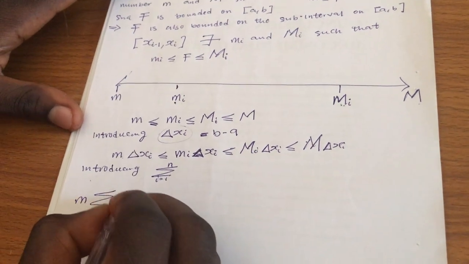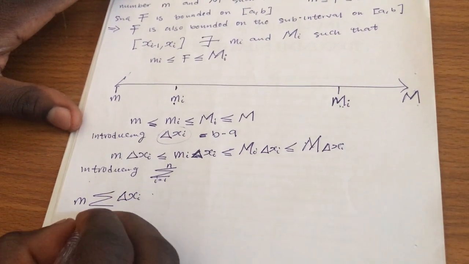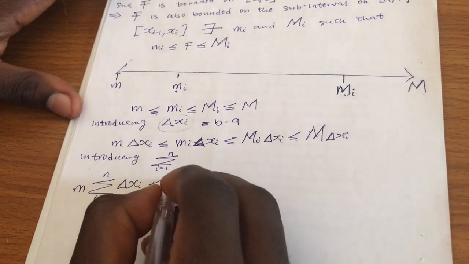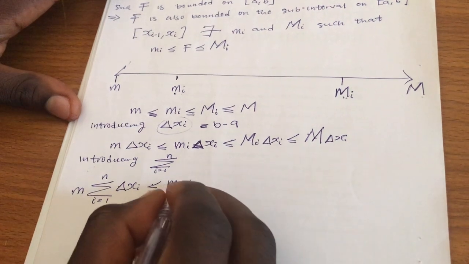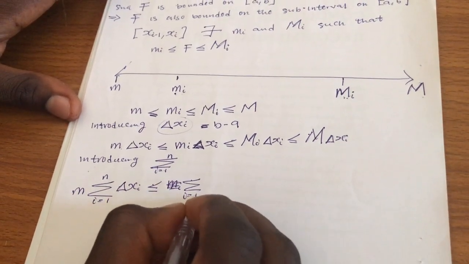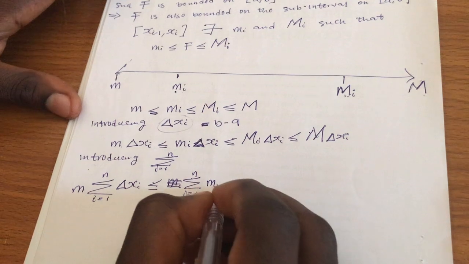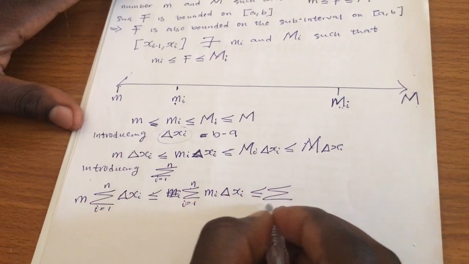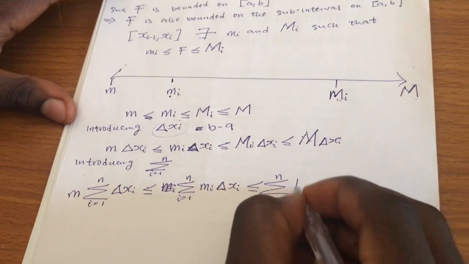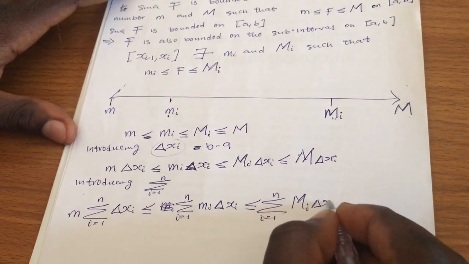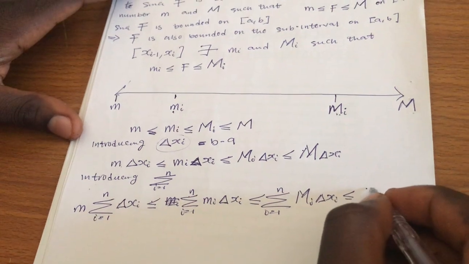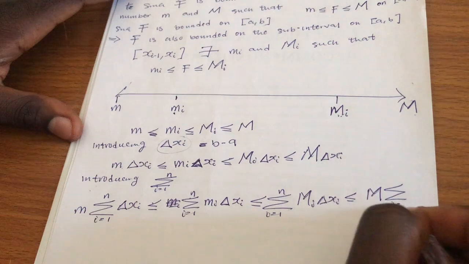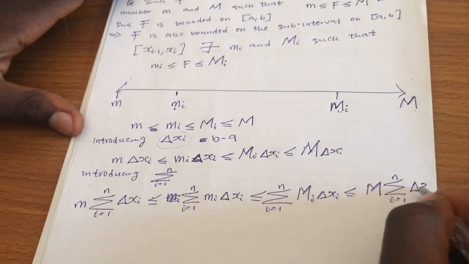So I can have m times the sum of delta x_i, i equals 1 to n, less than or equal to the sum i equals 1 to n of m_i delta x_i, less than or equal to the sum i equals 1 to n of M_i delta x_i, less than or equal to, now there's no i here, so you can just have the M outside, M times the sum i equals 1 to n of delta x_i.